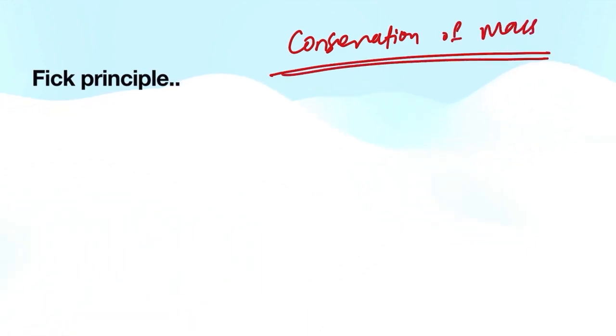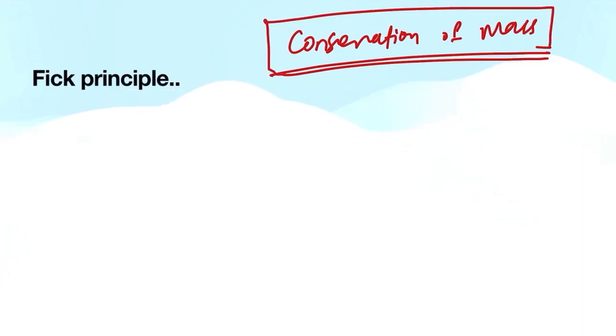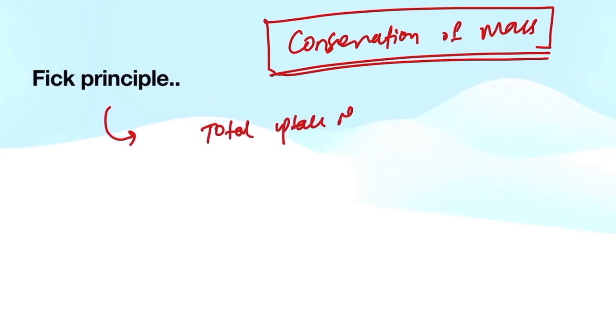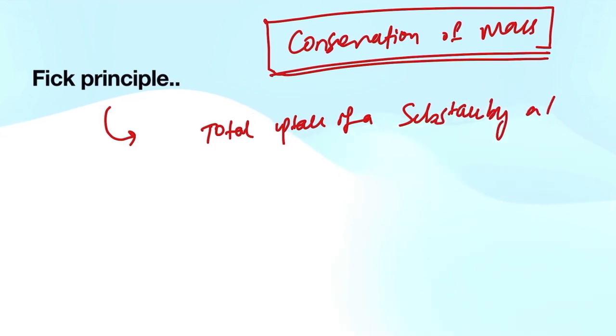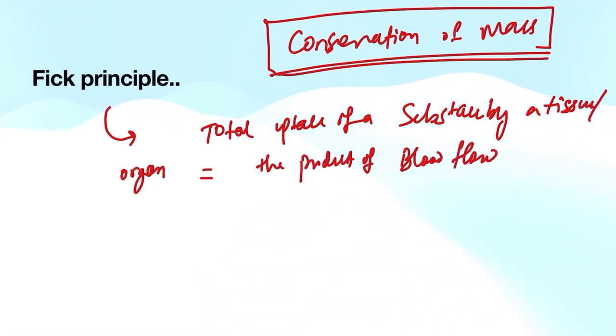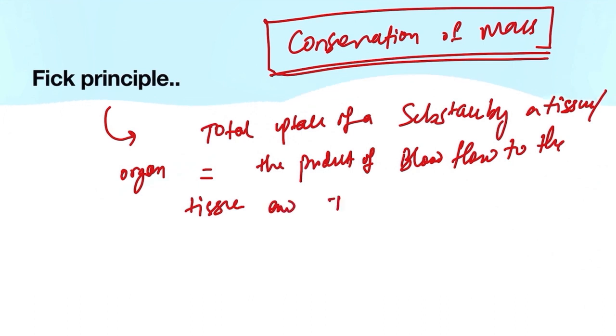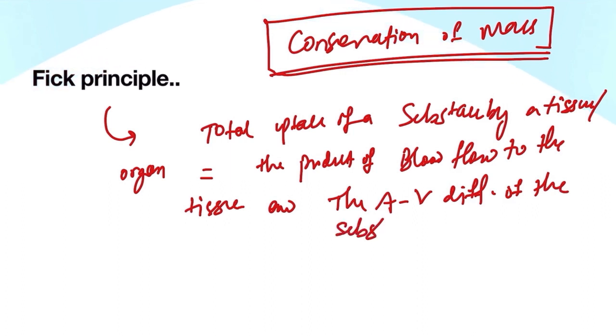This principle relies on the basic principle of conservation of mass, and it says total uptake of a substance by our body or by a tissue or organ is equal to the product of blood flow to the tissue or organ and the arterial and venous concentration difference of the substance. Okay, so basically this principle is nothing but just a corollary of conservation of mass.